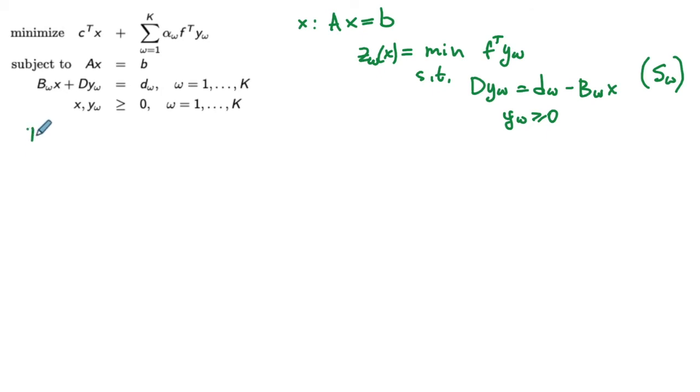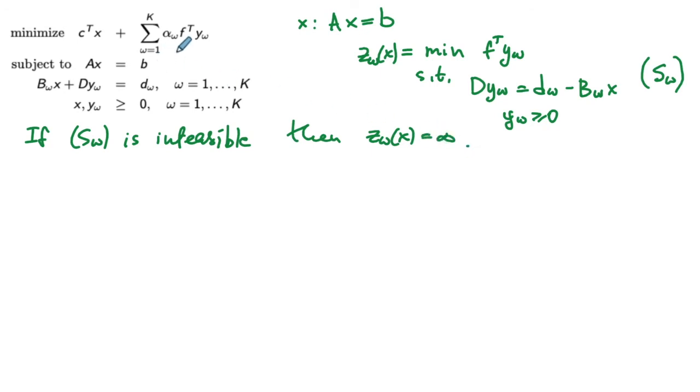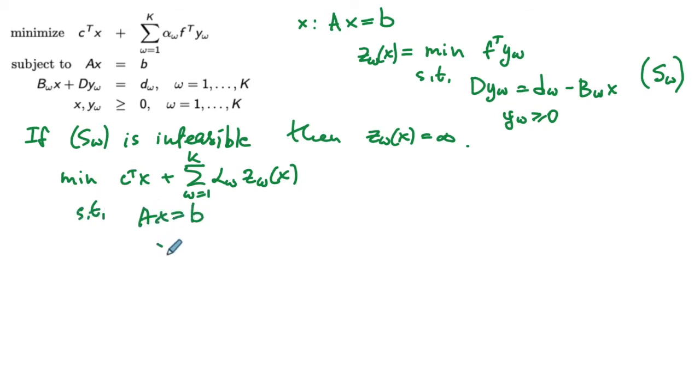So essentially, if S omega is infeasible, then z omega of x is equal to infinity. Then we can rewrite our LP as follows. Minimize c transposed x plus the summation for omega between 1 and K of alpha omega times z omega of x, subject to Ax equals b, and x is non-negative, where of course z omega of x is the solution to this LP right here.